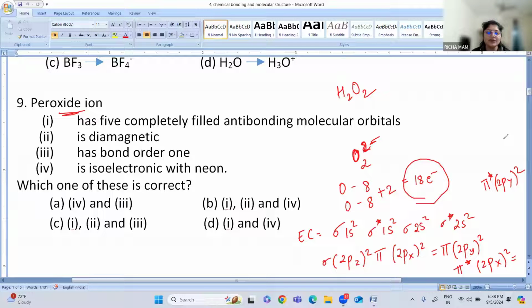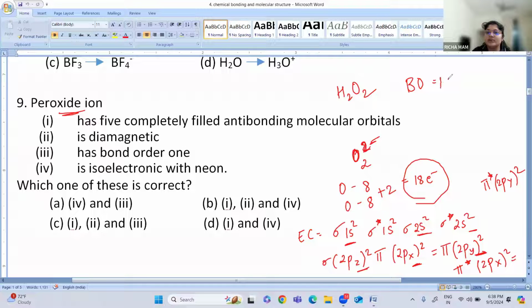Now let us find out first the bond order. How to find out the bond order? Number of electrons in bonding minus antibonding upon 2. So how many are there in bonding? 2, 4, 5, 6, 7, 8, 9, 10.